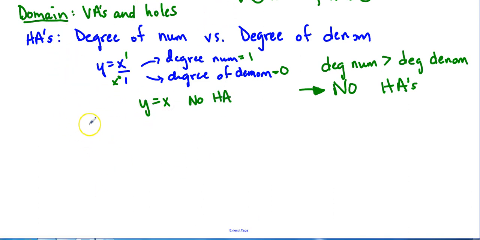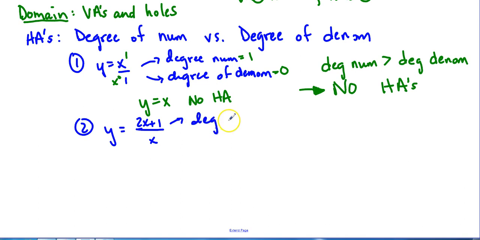The second case is if the degree of the numerator is equal to the degree of the denominator. So in this particular case, let's look at something like 2x plus 1 over x. Now we know we can't simplify this anymore, so we're going to look at the degree of the numerator and the degree of the denominator.